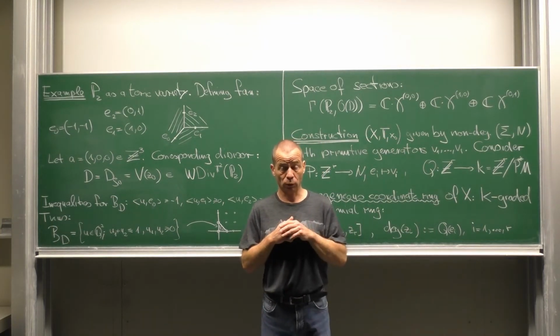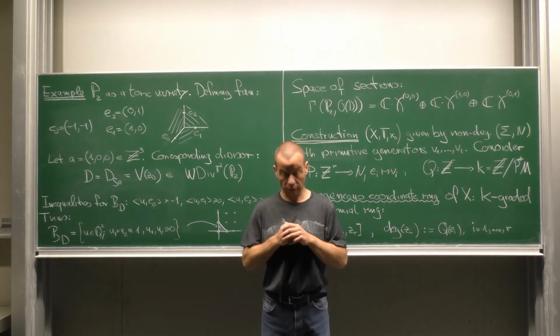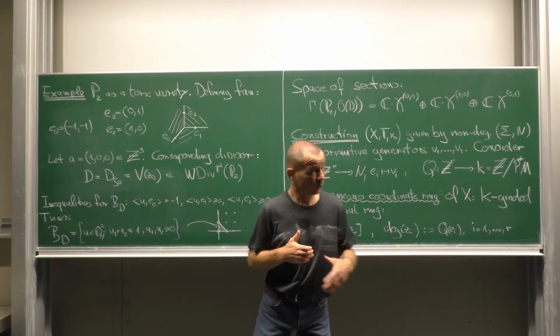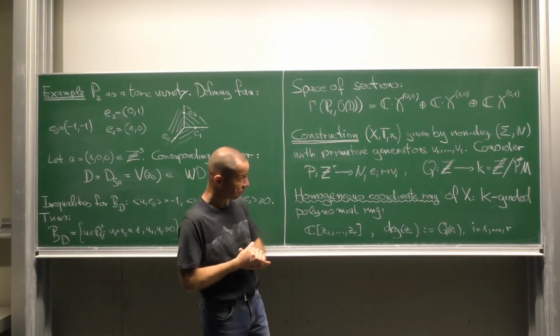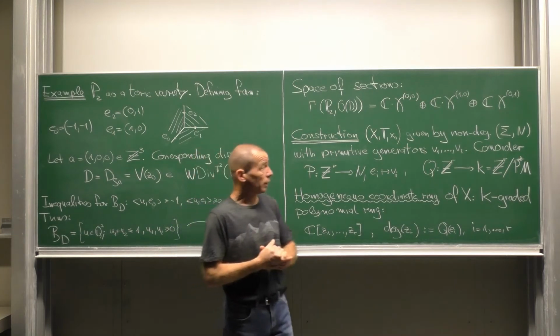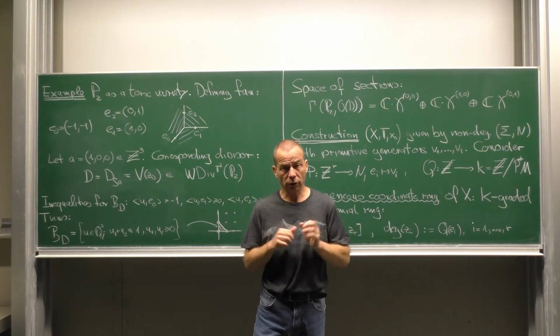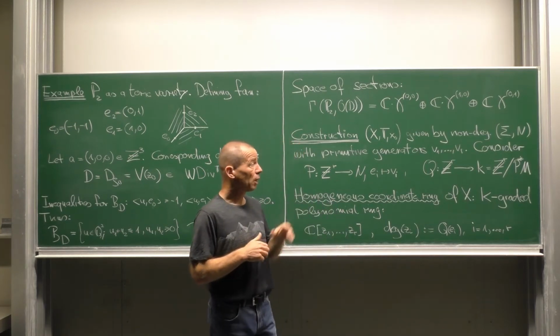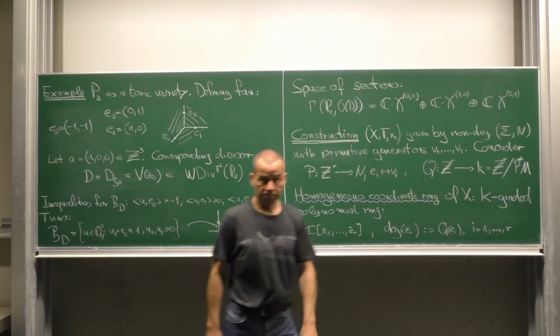Now we want to relate these spaces of sections to homogeneous coordinates. We need the following central concept for toric varieties. Look at X, the toric variety arising from a non-degenerate lattice fan sigma in N with primitive generators v1 up to vr.